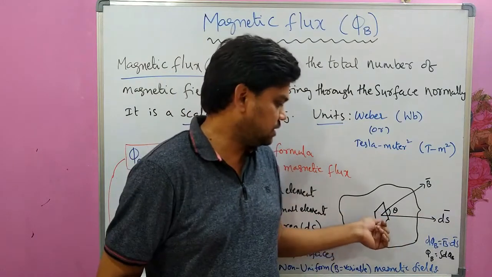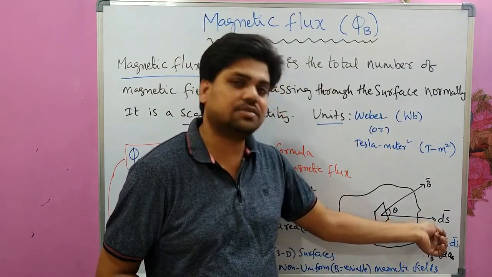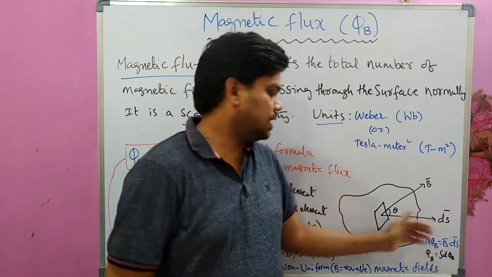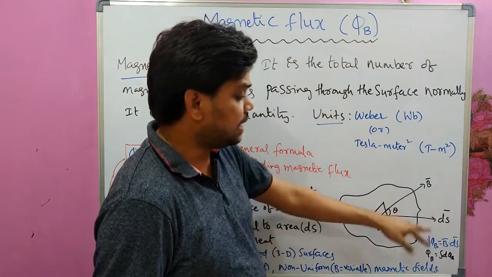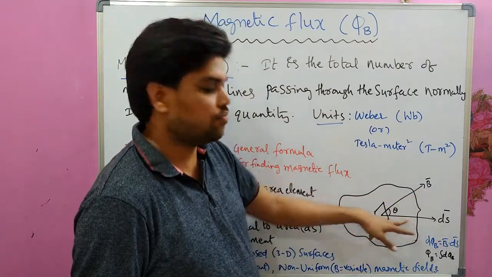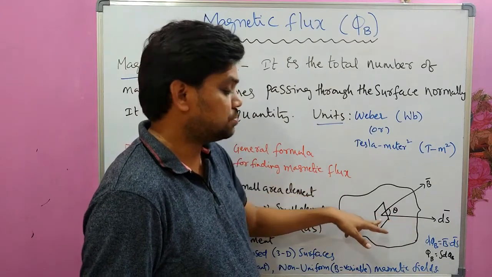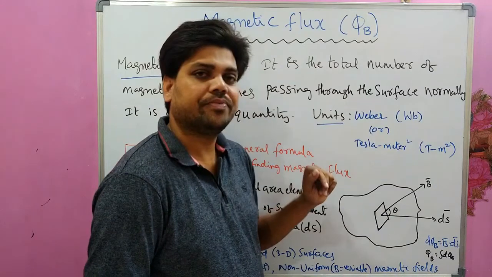So if this is the area element that I have considered, its outward normal direction is this way, and let us say the magnetic field direction is this way, and the angle between the magnetic field and the area vector direction of that small area element is theta.